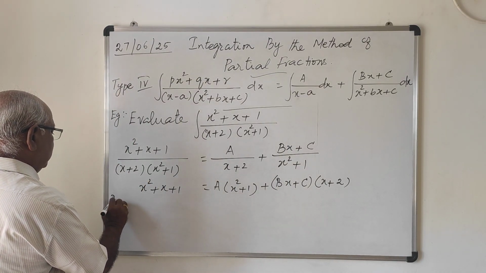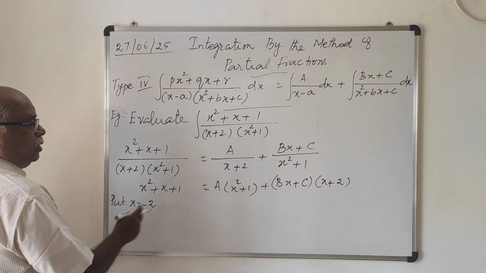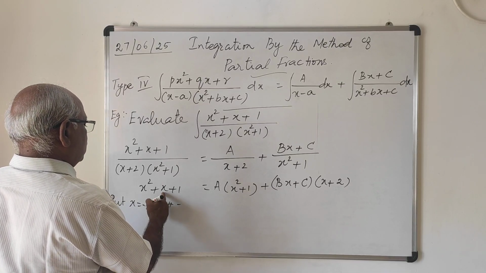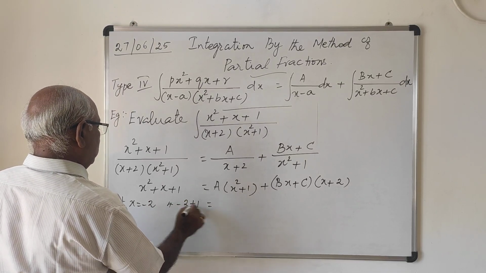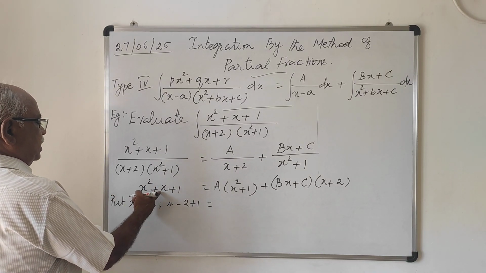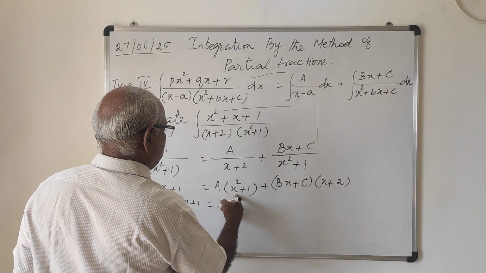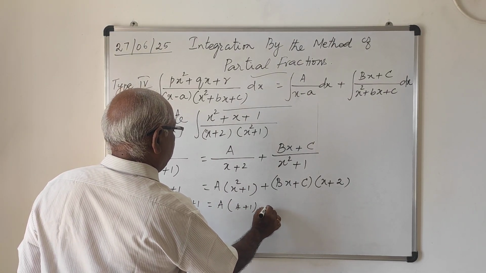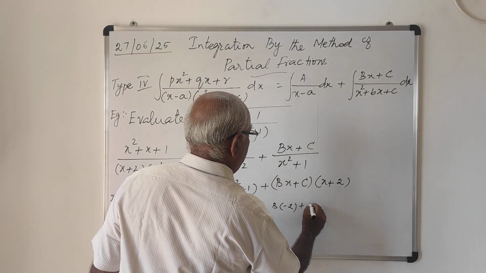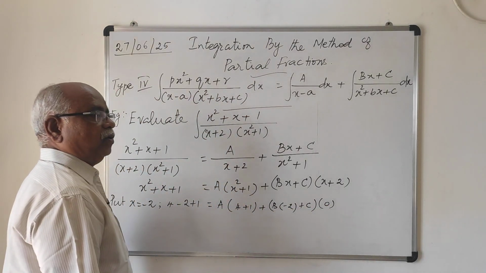Put x equal to minus 2. Minus 2 square is 4, plus x into minus 2 is minus 2, plus 1 equals A into, minus 2 square is 4, plus 1, plus Bx plus C, B into minus 2 plus C, into, if you put x equal to minus 2, x plus 2 cancels, you get 0.